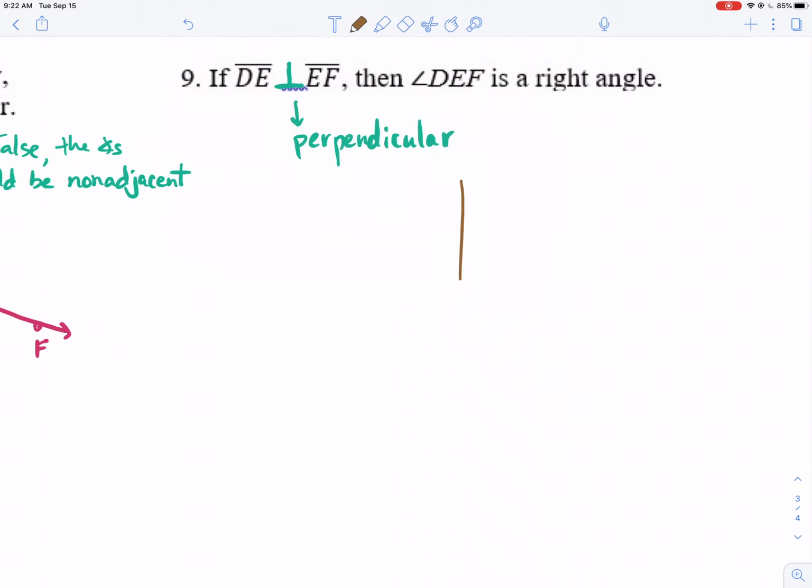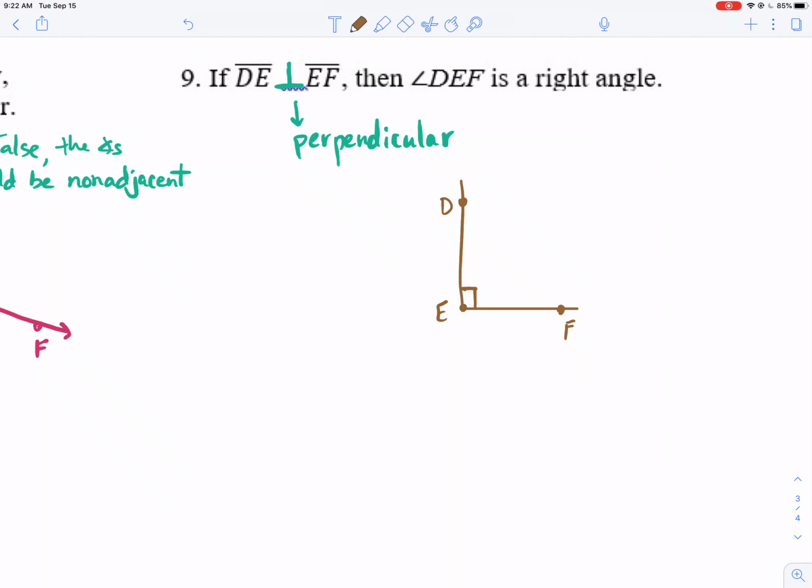Okay, so if I have segment, well, let's do without the line. Segment DE is perpendicular to segment EF. Because I said that they're perpendicular, okay, it's telling me that angle DEF is a right angle.